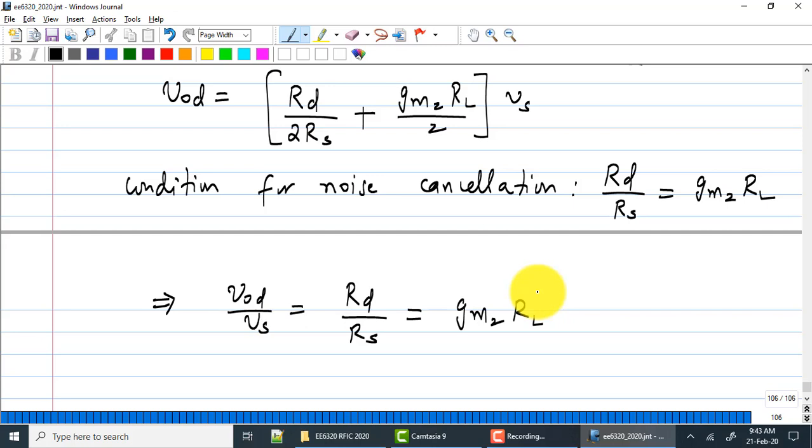For noise, the magnitude of the noise signal through the two paths is the same with the same sign. Okay, so that when you take the difference, you get additive signal, subtractive noise. Okay, any questions about this noise cancelling LNA?